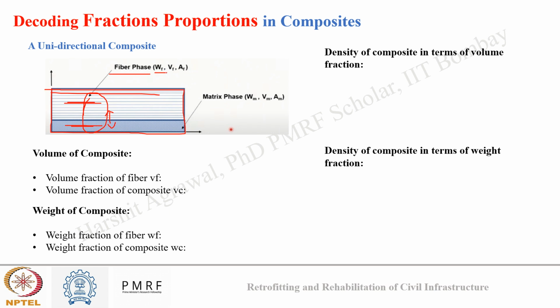So weight of fiber I know, volume of fiber I know, and for the matrix part I know the weight of matrix and volume of matrix. Now I want to compute the proportion: what is my proportion of fiber, what is my proportion of matrix, and what is the density of composite.